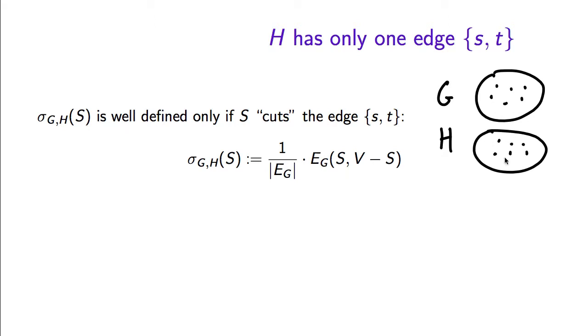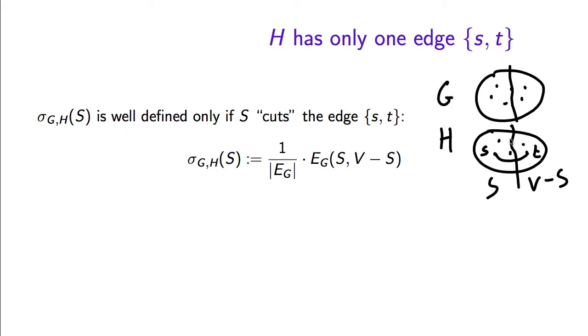Let's say H has only one edge, say between some vertex S and some vertex T. Then the only admissible cuts of the vertex set into S and V minus S are cuts where the vertex S and the vertex T are separated, because otherwise in the denominator of the cost function we are going to see 0.